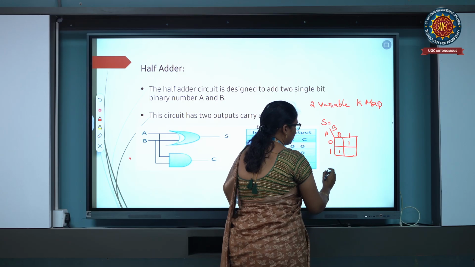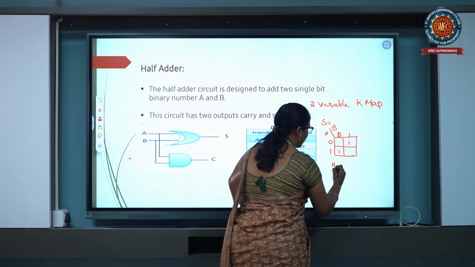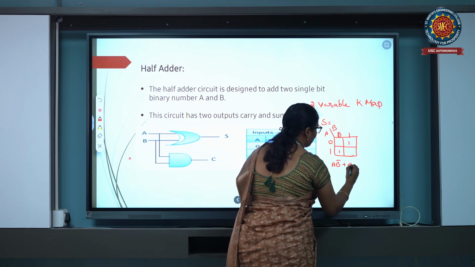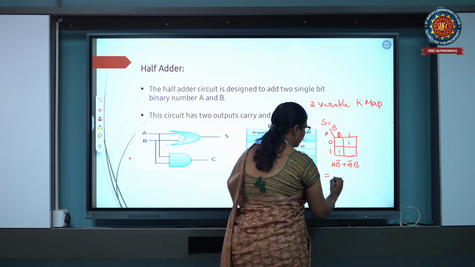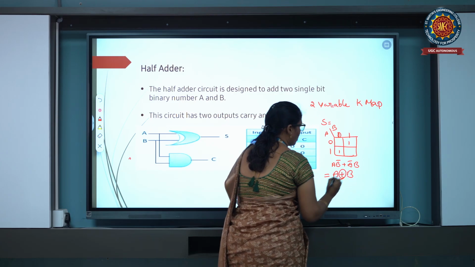From this, the equation is A B bar plus A bar B, which is nothing but the XOR operation of the input variables, that is A XOR B.